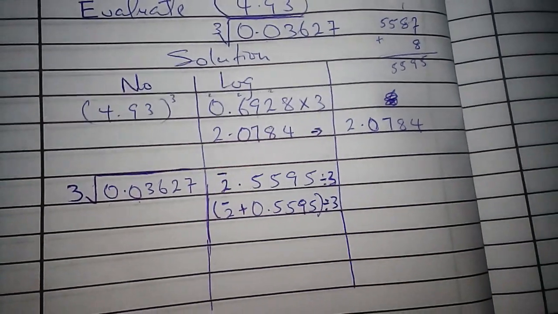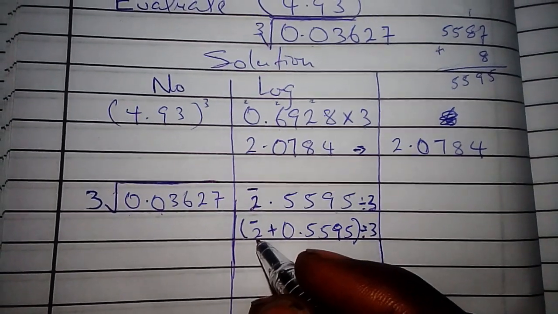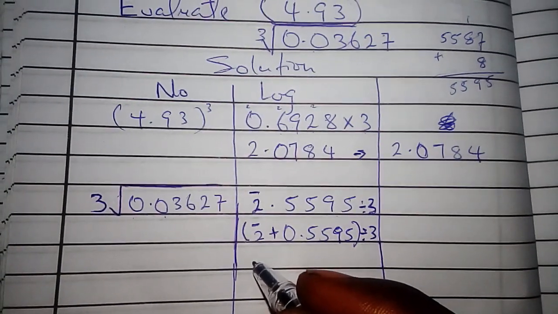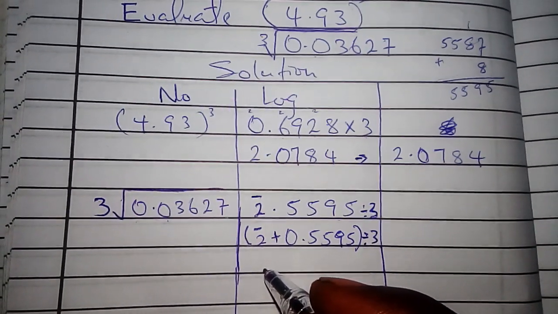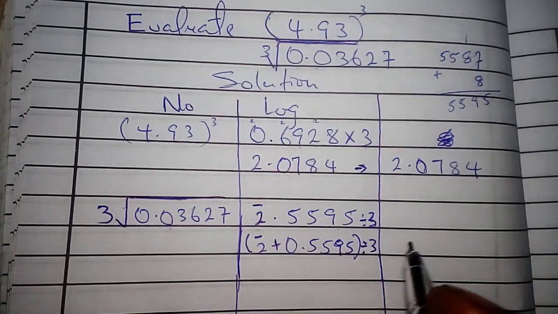So let's go. All right, so we are going to do it in a way that when we bring two numbers and either minus or add them, it will give us bar 2.